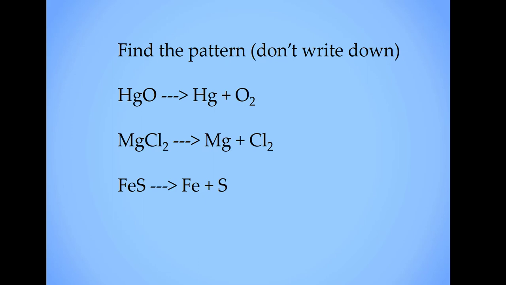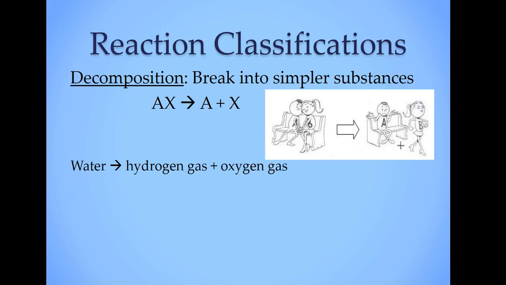What do you see? You should see that on the left-hand side we have one reactant, and when we look on the product side, we have more than one product. So this is a special reaction called a decomposition reaction.